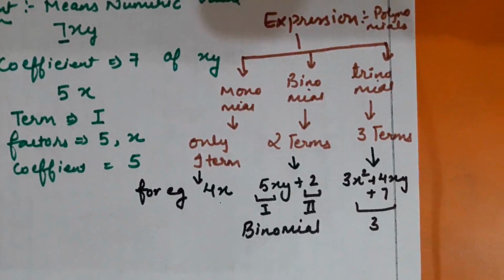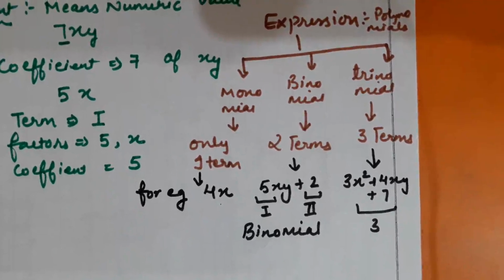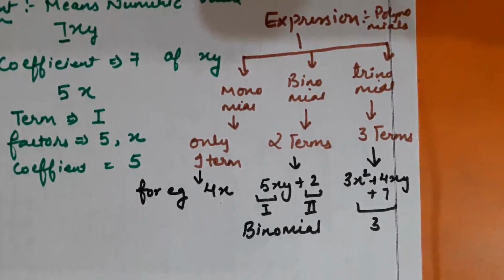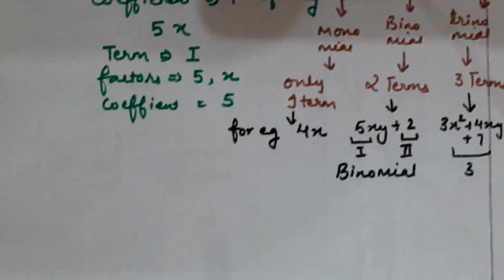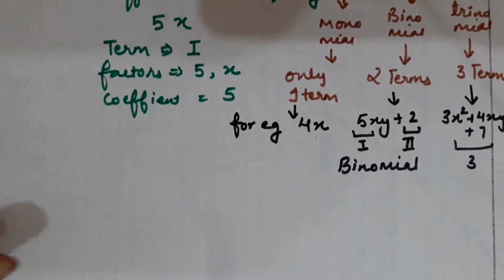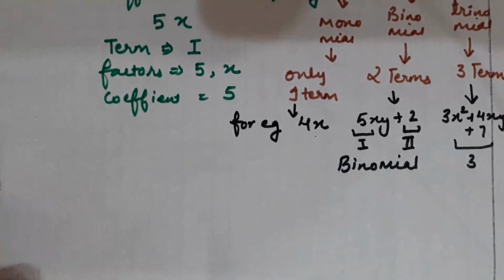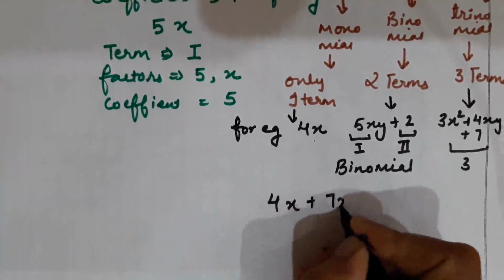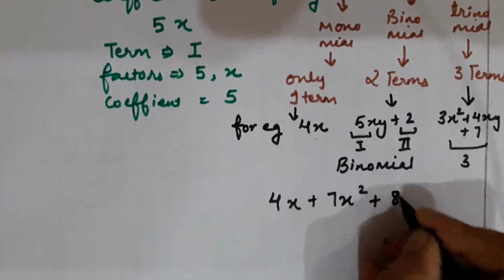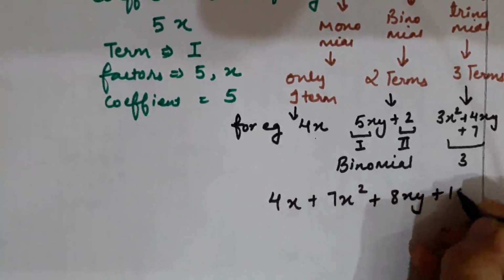Okay, so now if you are facing an expression in which more than 3 terms are there, that comes in the category of polynomial. Let's have that example also: 4x plus 7x square plus 8xy plus 10.